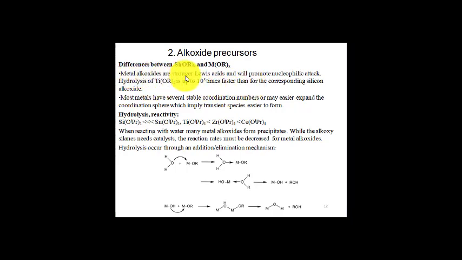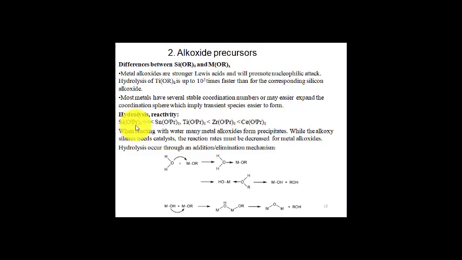So metal alkoxides, due to stronger Lewis acid properties as compared to silicon, give much faster reactions as compared to silicon alkoxides. Most metals have several stable coordination numbers or may more easily expand the coordination sphere, which implies transition species are easier to form. The hydrolysis reactivity of different metal alkoxide precursors is given here.